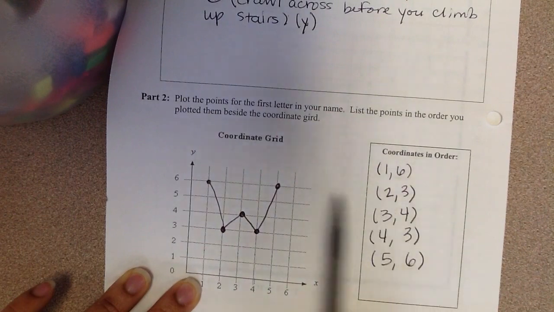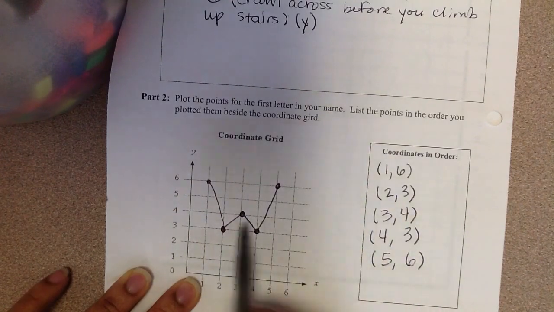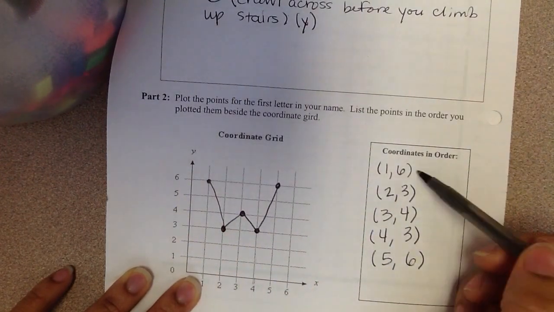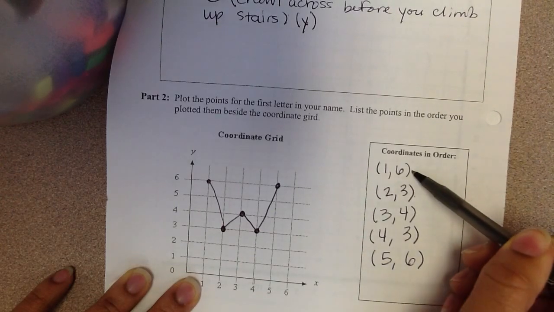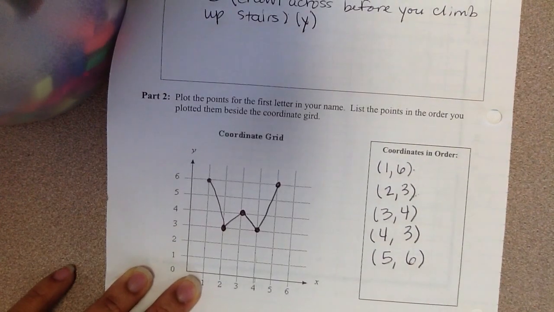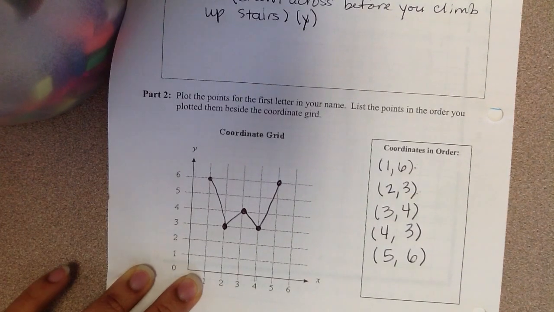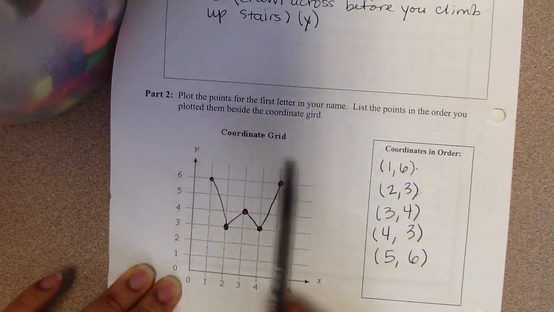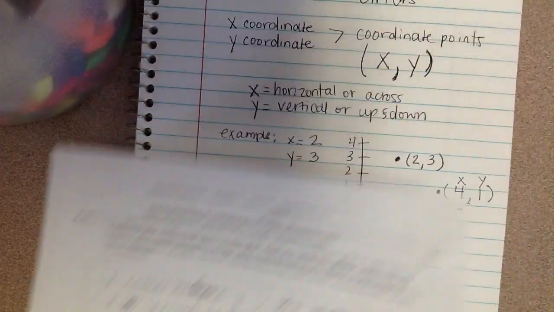Notice that as I listed the points, I connected them to form my W. Now, if I just listed all these points and didn't bother to connect them in order, I might come up with a different letter. That's why I wrote this point first, made this point second, and then I connected the first one to the second one. When you make your letter, make sure you connect them in order. Okay? When you're done with this, you are going to glue it into your math notebook. So you're going to create your own letter on this coordinate grid of your first name and glue it into your math notebook. Alright?